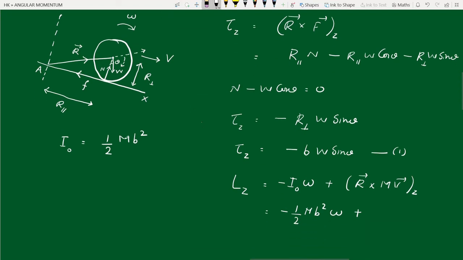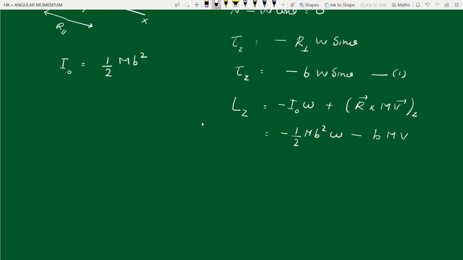Let's put a minus sign here. The magnitude will be the perpendicular distance times m v. The velocity is along the minus x direction, so the perpendicular distance is r perpendicular, which is b. So b into m v.